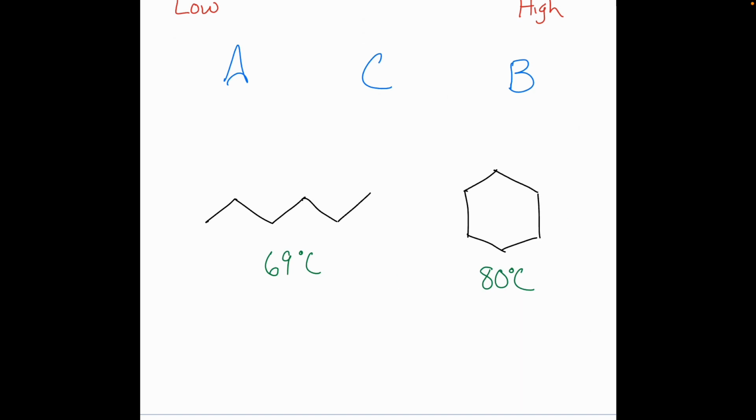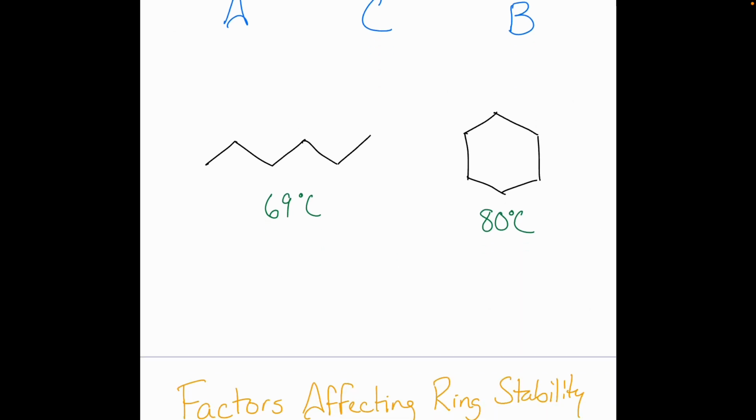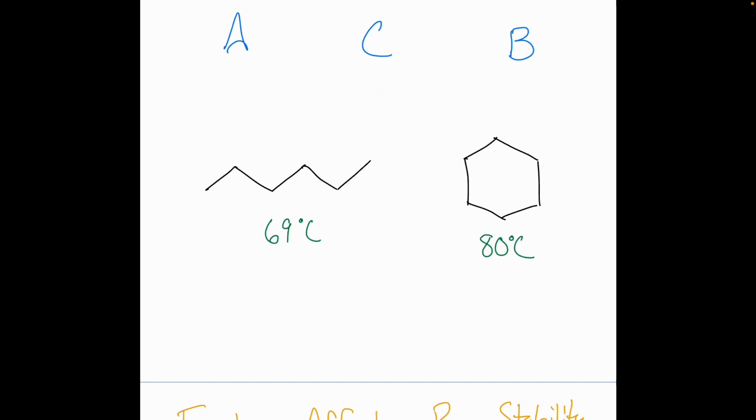All right, and so why is that? Again, going back to that surface area argument, by tying these two ends together, you've created this big surface on your cyclic molecule. So you've just given it more surface area and thus stronger dispersion forces.